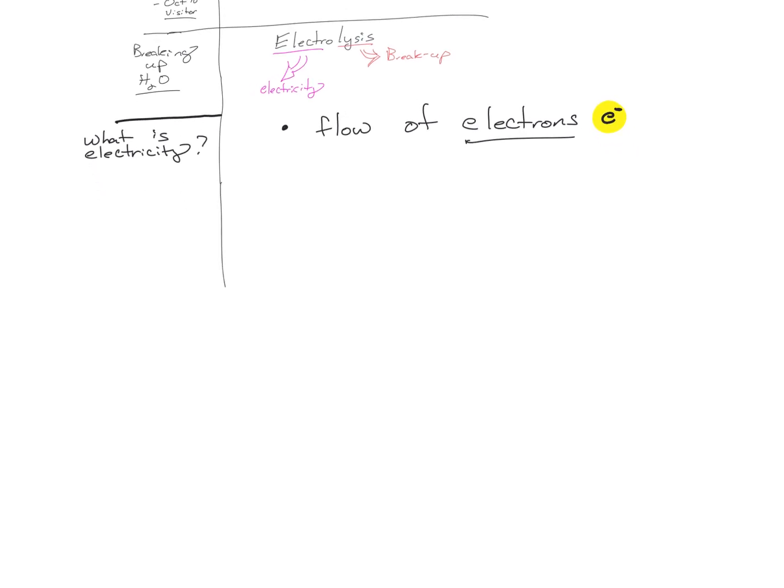So we know about chemical bonds, and when you think about the flow of electrons, we call the flow of electrons current. You've heard of current, right? If you have a strong current, like 120 amps, a really strong current would be a 220 line.